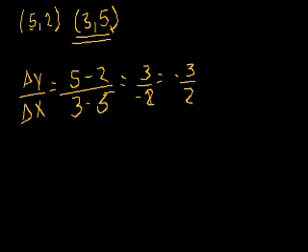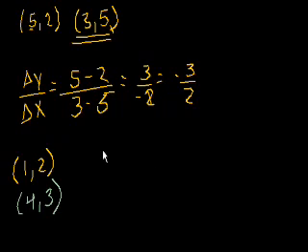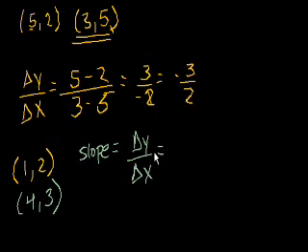Let's do another one. And this time I'm going to try to make it color-coded so it'll be more self-explanatory. Say it's 1, 2, that's the first point, and then the second point is 4, 3. So once again, slope is equal to change in y over change in x. For the change in y, we take the first y, let's start here, and we'll call that y1.